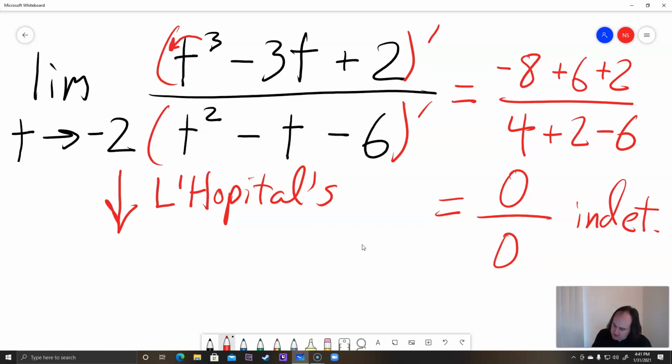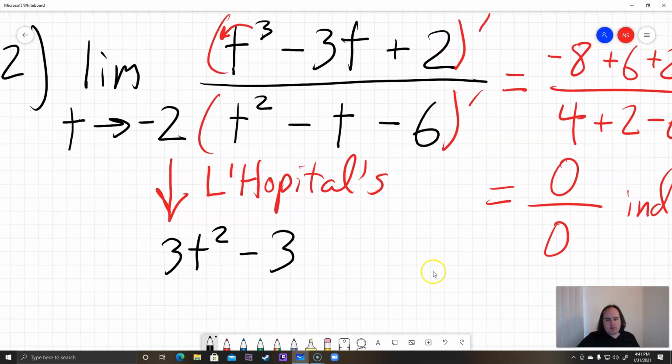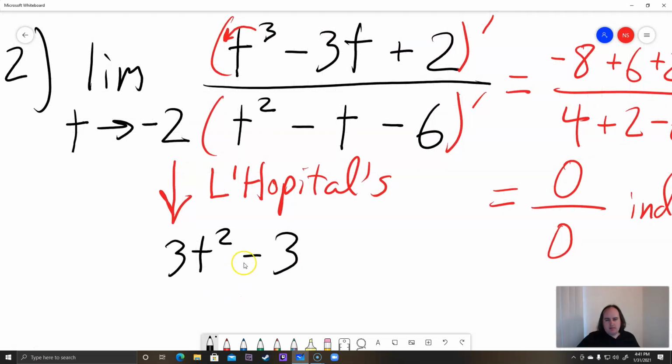So we're going to have 3t squared minus 3 on the top, right? Because we bring the 3 out front, we decrease the exponent by 1, so that gives us 3t squared. And then the derivative of a constant times the variable is just a constant, so that's negative 3. And then over here, the derivative of a constant is 0. So the 2 just becomes 0. So on the top, we should have 3t squared minus 3.